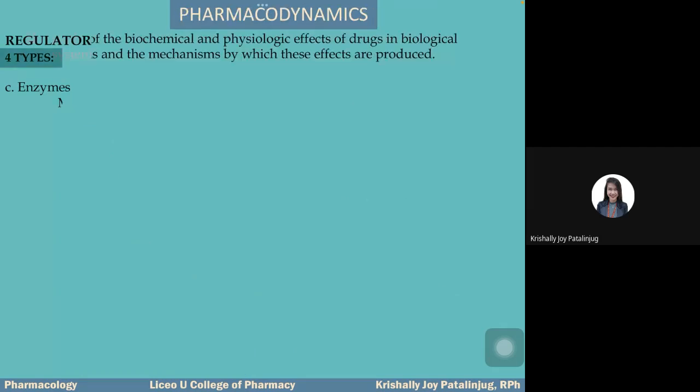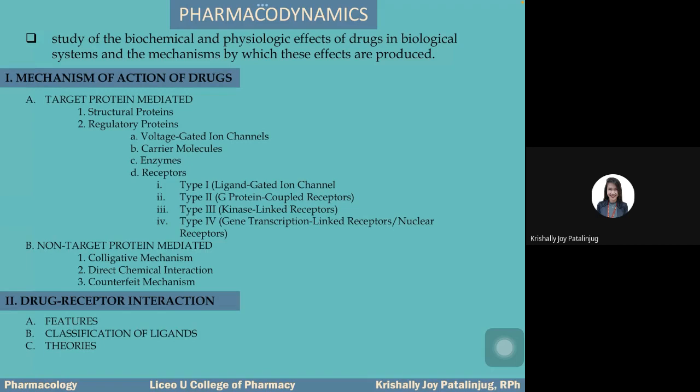Okay? Very good. So far, in our discussion, we were able to finish the first three classes of regulatory proteins and examples of drugs that target these proteins.